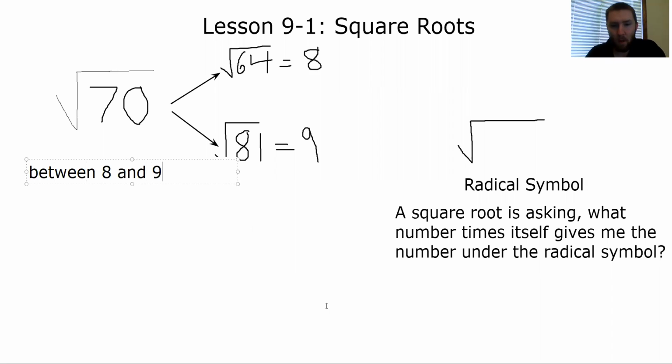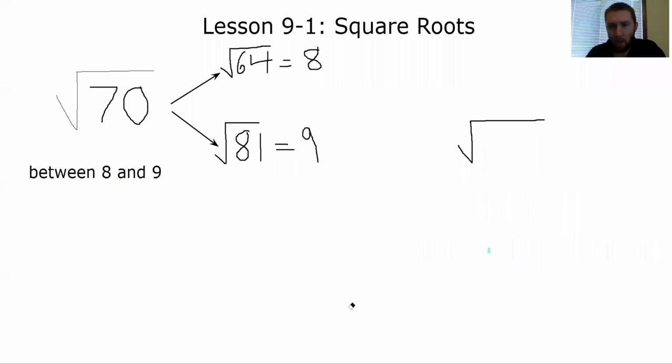Now, if I do another example over here, the easiest way to handle a square root that doesn't work out very well on your calculator, if it's a number bigger than 100, for example, let's say 180. Okay, the square root of 180. If you were to punch that in on your calculator, it would come out to something like 13.4, a crazy long decimal that does not work out very nicely.